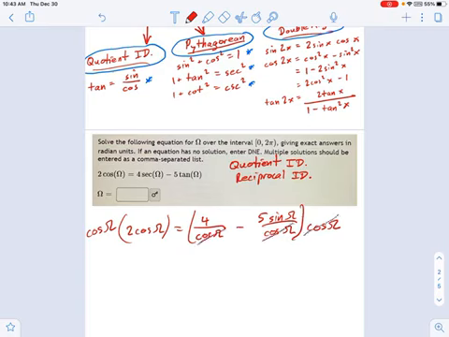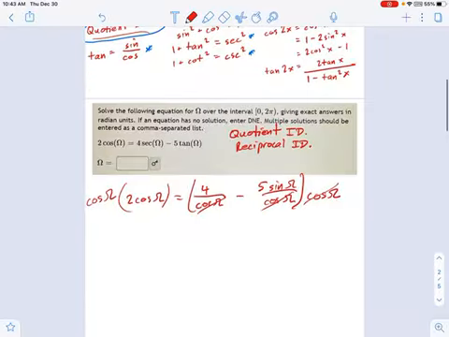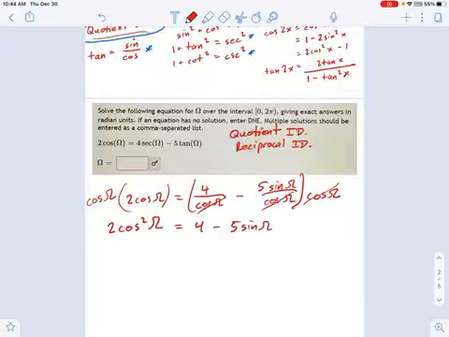I'm possibly losing some information there, but these cosines over here are just going to square together. Nothing's going to cross out on the left. So because there's a side of the equation where nothing crosses out, I'm probably okay here. So what do we get? We get 2 cosine squared omega equals 4 minus 5 sine omega.